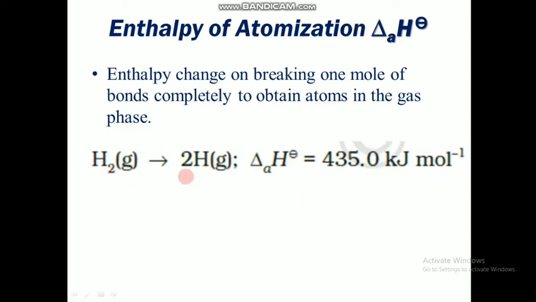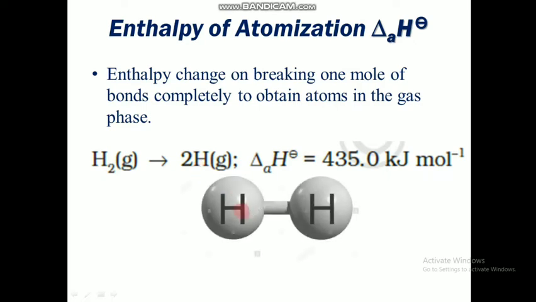And if you look closely, it is nothing but the bond breakage enthalpy only, right? We have a hydrogen molecule like this and we are breaking the bond, so it is the same as the bond enthalpy which we have studied earlier. So bond enthalpy is the same as the enthalpy of atomization in diatomic molecule cases.